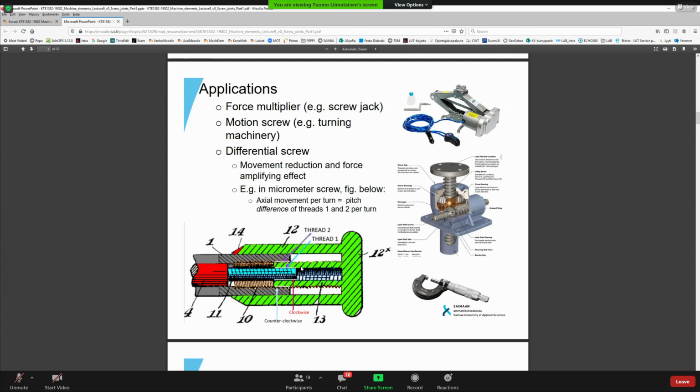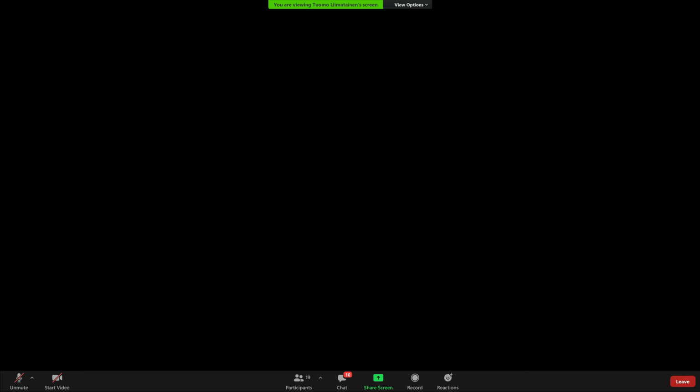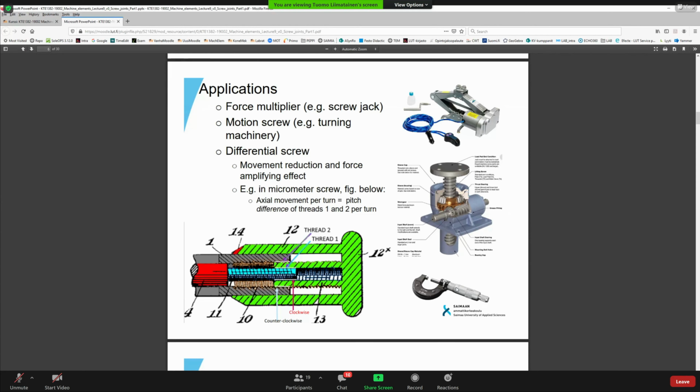Therefore we can define very little axial movements, because in a micrometer we need very little movement per turn, maybe one micron, and it is not possible to manufacture that kind of thread by using just one thread. But with a combination of two threads we can make that possible.